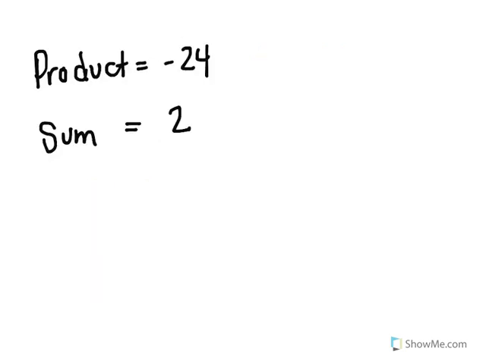I have a product of negative 24 and a sum of positive 2. Now this one's a little more tricky, because if two numbers multiply to give me negative 24, one of the numbers has to be negative and the other number has to be positive. That's an important difference from the last problem.